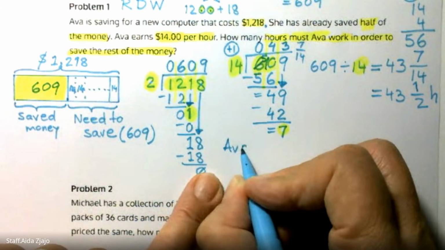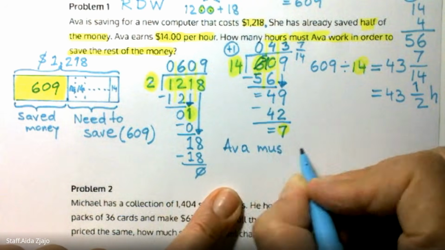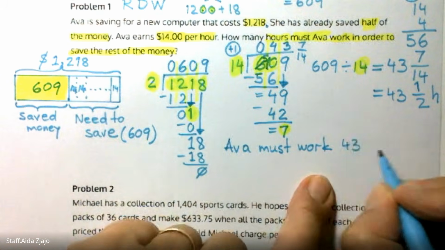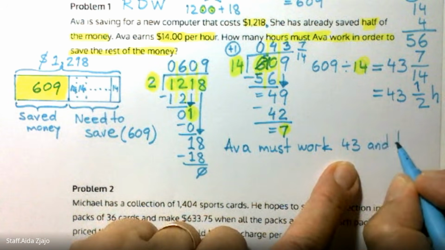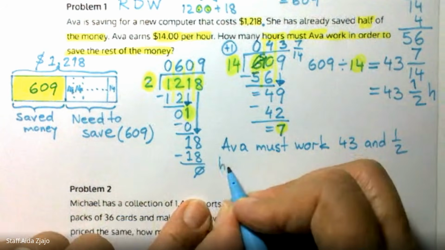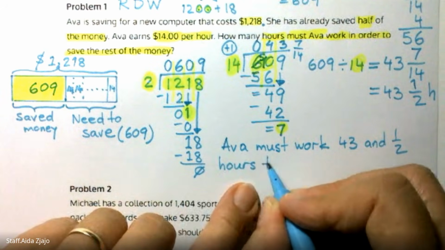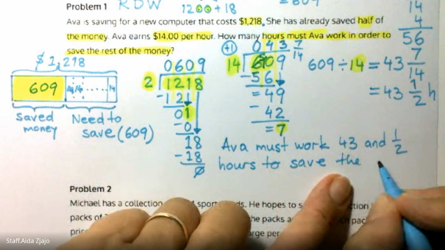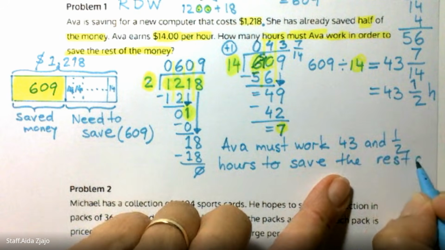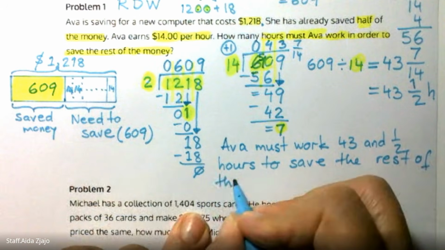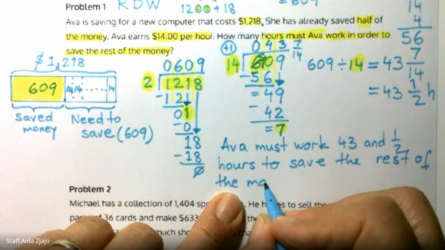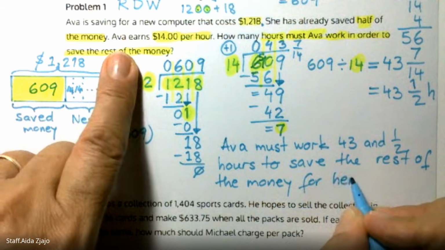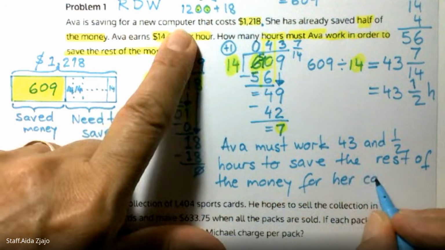Ava must work 43 and 1/2 hours to save the rest of the money for her computer.